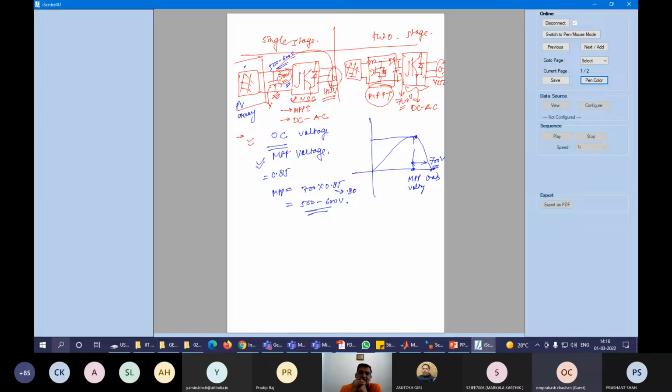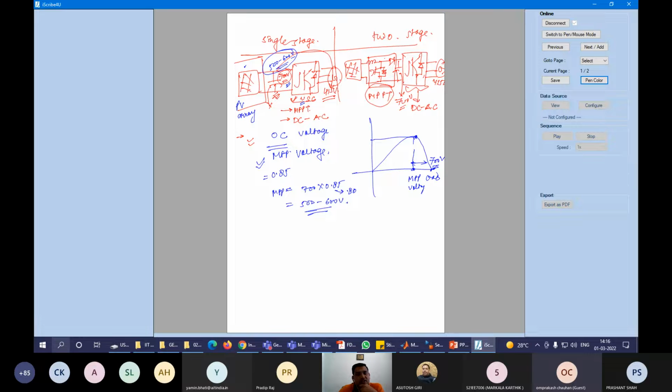So sometimes what we have observed is there is tripping in the voltage source converter if you have not taken sufficient DC link voltage.